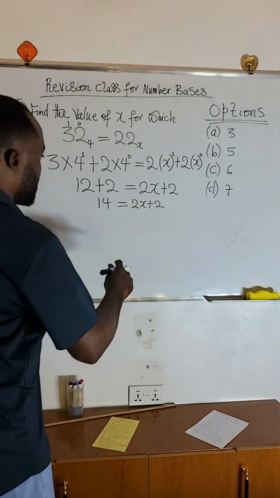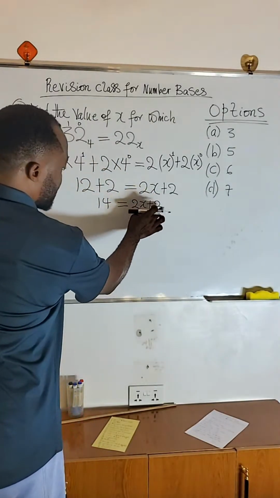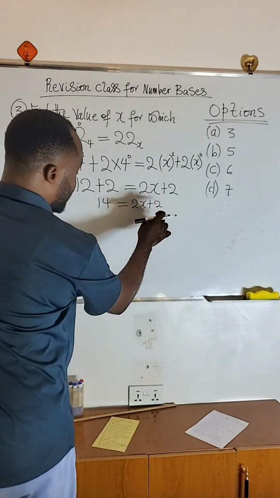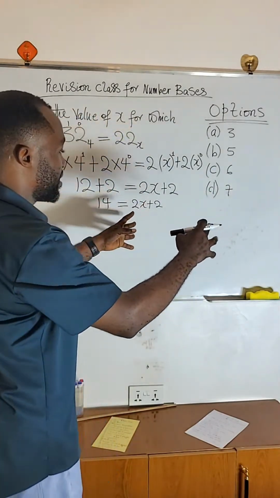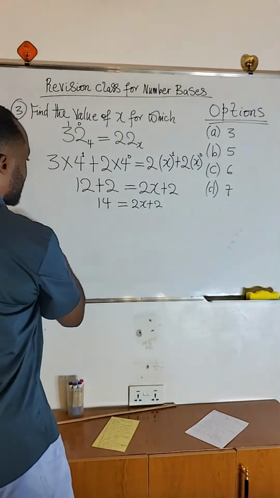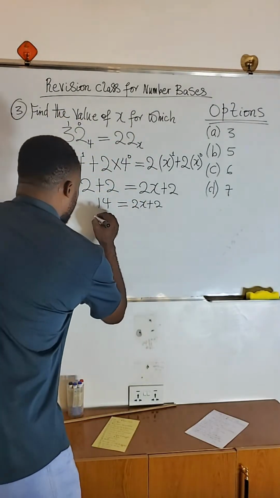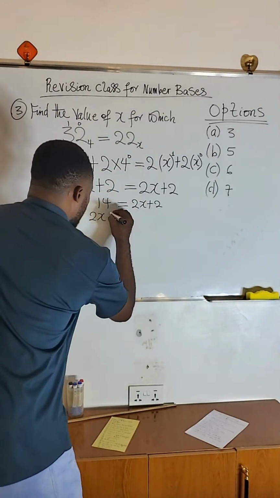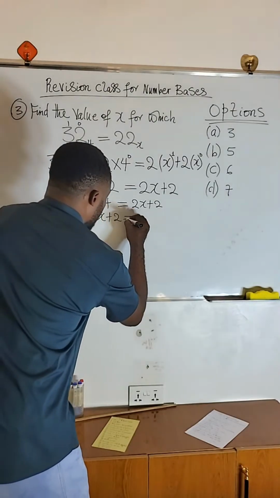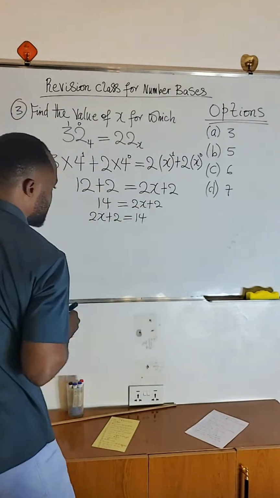All right. Since the right hand side contains the unknown variable, let us bring it to the left. So we'll now say 2x plus 2 equals to 14.